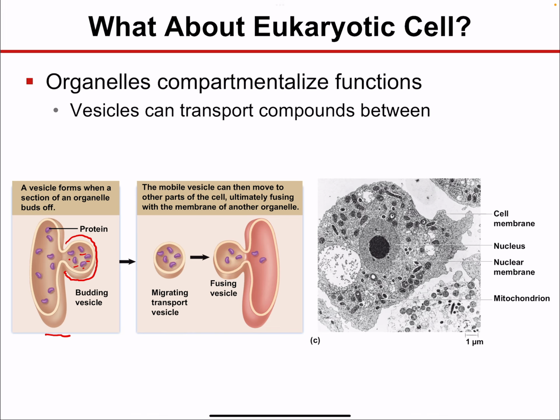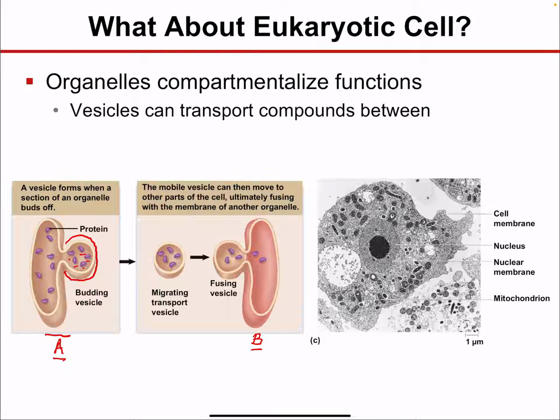These proteins are going to leave this compartment A, migrate, and find themselves in compartment B. That is actually another organelle. So we have organelle A and organelle B.